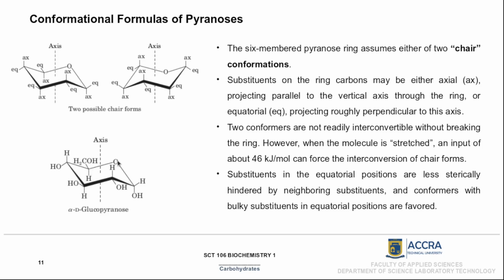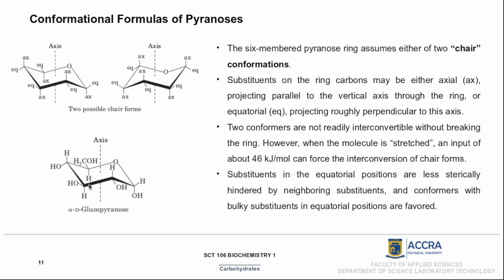And so, of course, when you see here on carbon number 5, you have the CH2OH, which is the carbon number 6 group, being bulkier than hydrogen, and thus you see it occupying the equatorial position, whilst you have the hydrogen on carbon number 5 in an axial position.